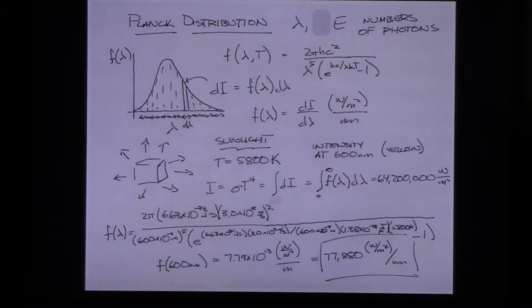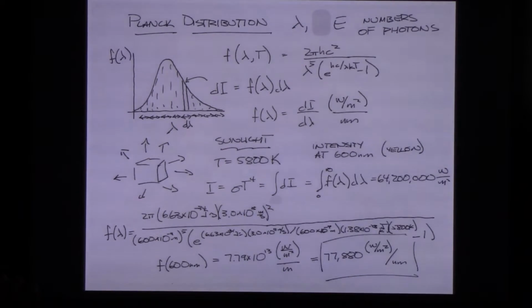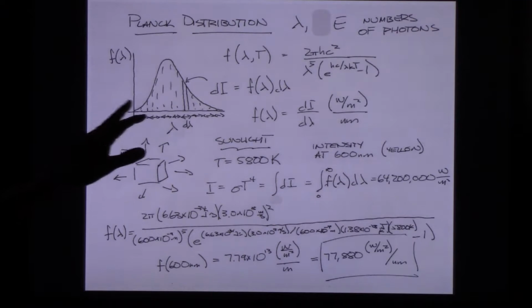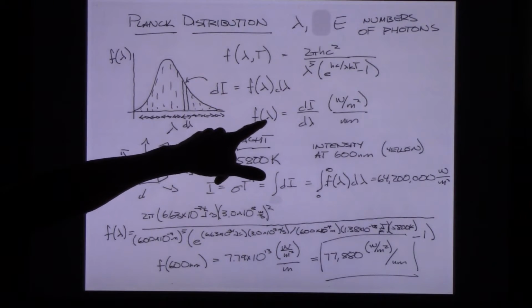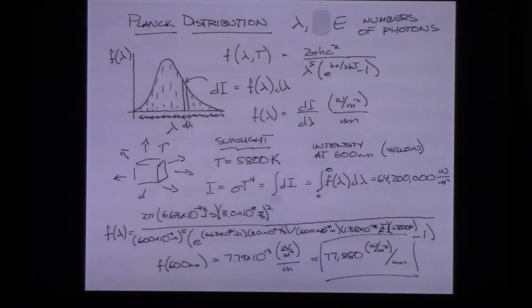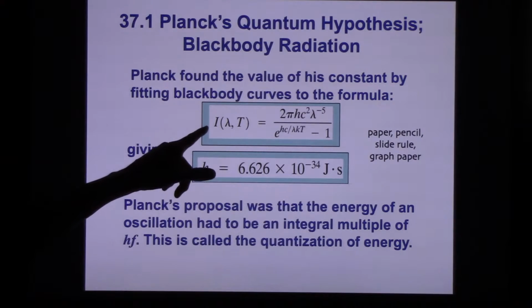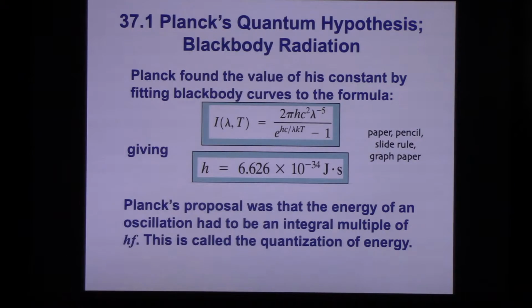What we would be doing is taking the function, the intensity per wavelength function, and integrating it. Now that function, it's not I, it's dI d lambda. That's where I have an issue with the textbook. What they're calling I is actually dI d lambda. It's not I. You can't integrate I and get I back again.